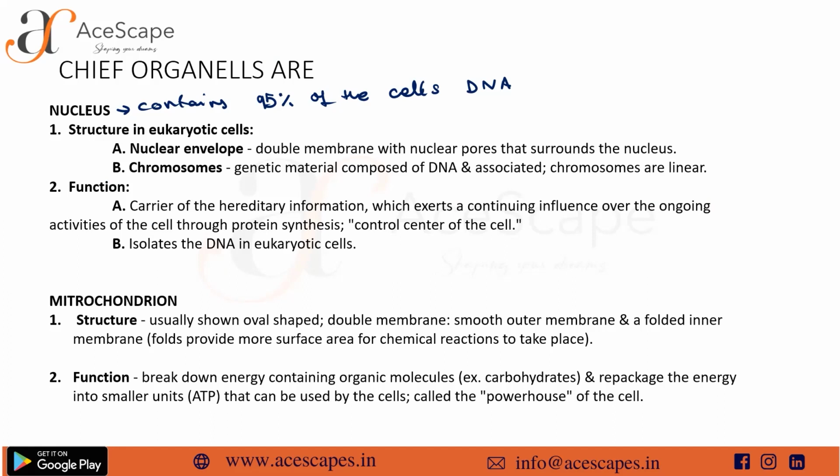So it is the control center of the eukaryotic cell. This is an important term, control center of the cell. Everything, all the information which should be passed on to the next generation, is in this nucleus. The nucleus isolates the DNA in eukaryotic cells.